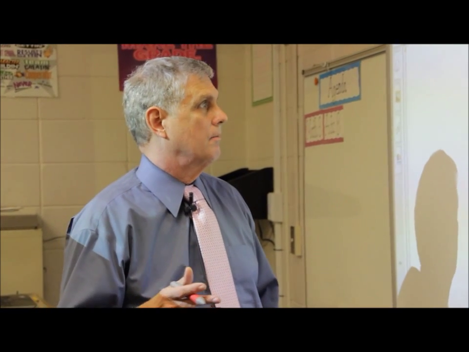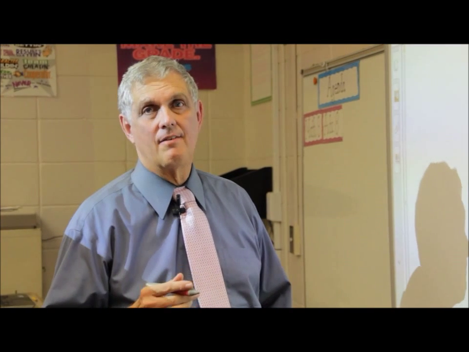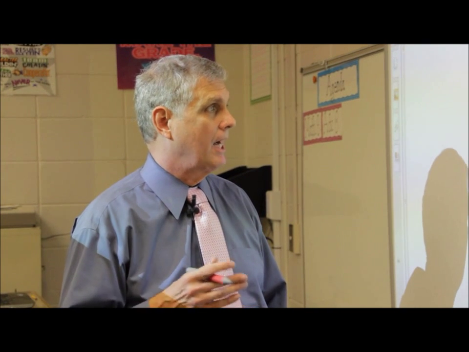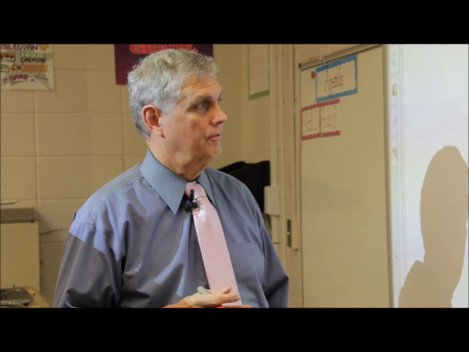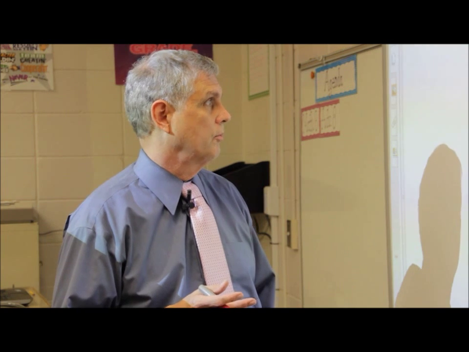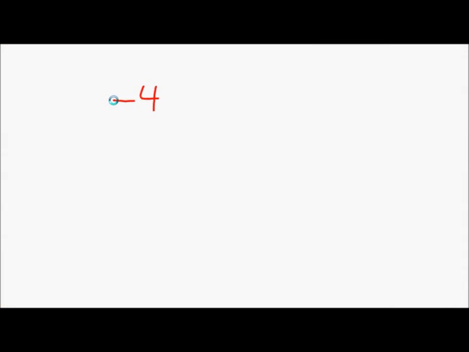Okay, here we're going to take a look at multiplication and division. The rules here are that if you have like signs, when you multiply them, you're always going to get a positive number. And when you have unlike signs, you're always going to get a negative number. So that's pretty easy to remember. Let's just take some examples. Let's say minus 4 times a minus 6.